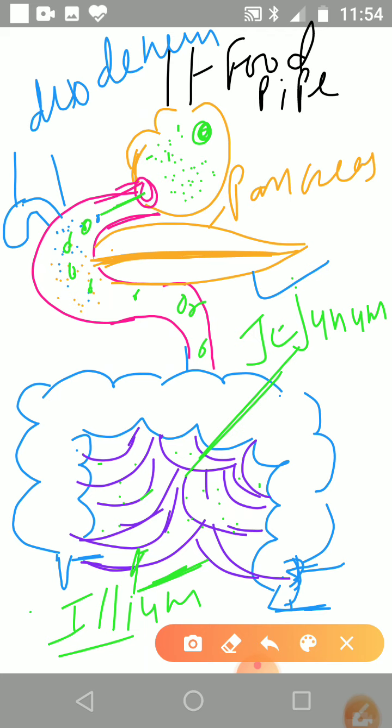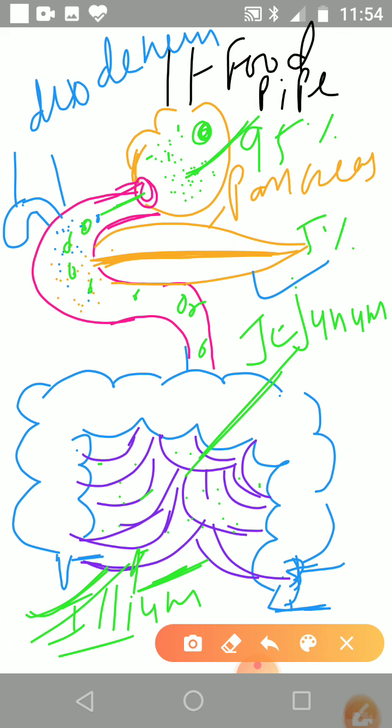That means we can say the ileum is the part where complete digestion takes place with the help of intestinal juices and the other glands' juices. So there is no need for any further digestion. What I told you is that 95% of food gets digested in the stomach.